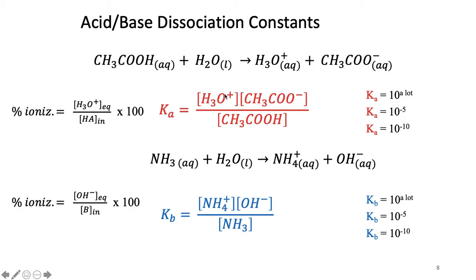Let's take an example for an acid. This is vinegar. This is acetic acid. If we put it in water, notice that water is the solvent, so it appears as a liquid. We know that it's an acid, so it's going to donate the H plus to the water to form its conjugate base, CH3COO minus, right?